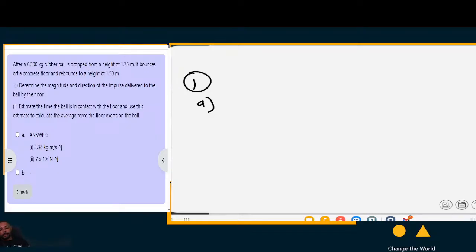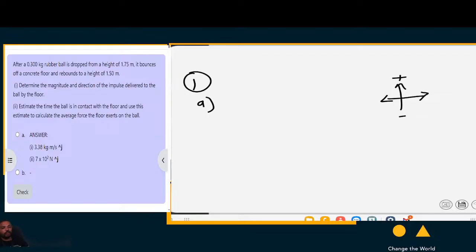Before we start answering, let's look quickly at something. In this case, we are choosing upwards as positive and downwards as negative.